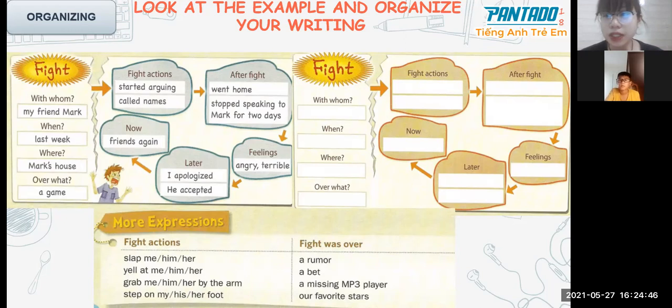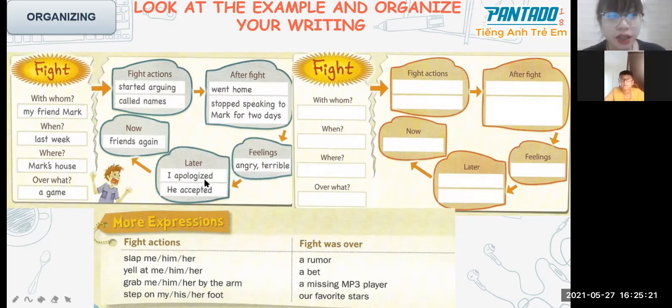Next, the third one is about the place. And the last one is over what, or we can call it the reason. You remember the reason? Yes. So over what, we can call it the reason.